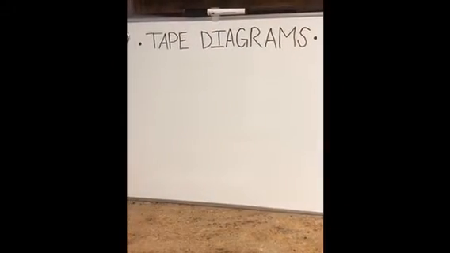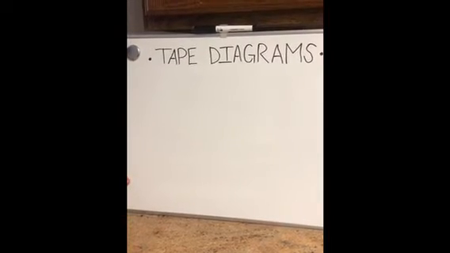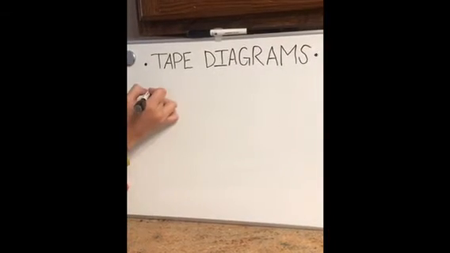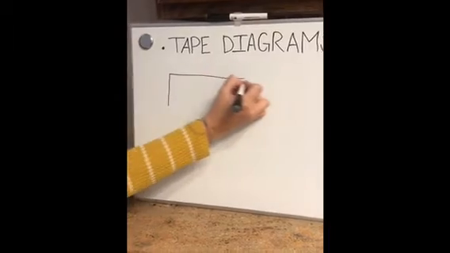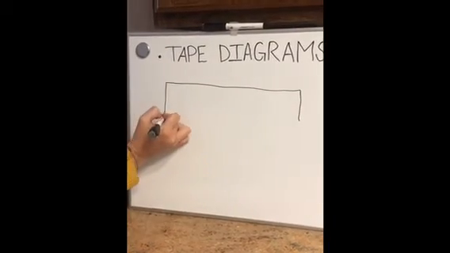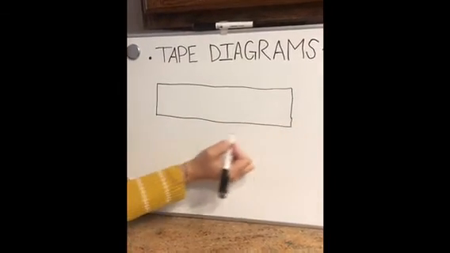All right, so this next question is going to ask for you to write an algebraic expression for this tape diagram. So I'm going to give you the tape diagram, and I want you to write the algebraic expression.